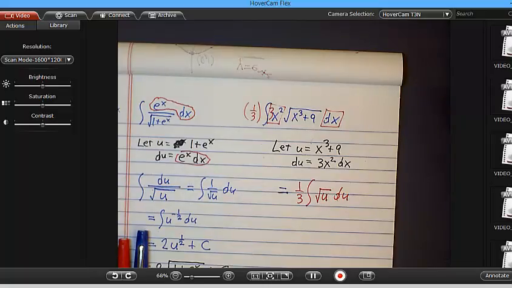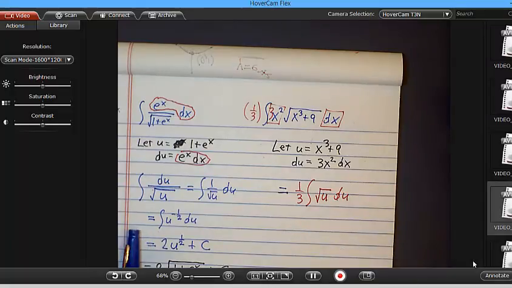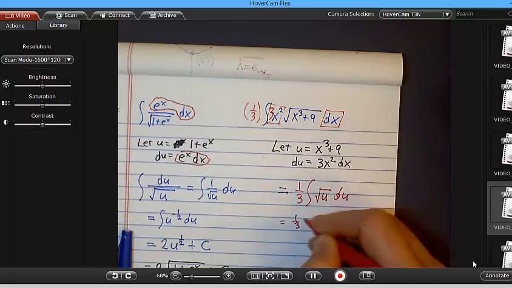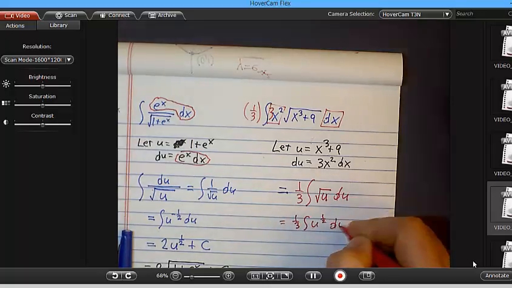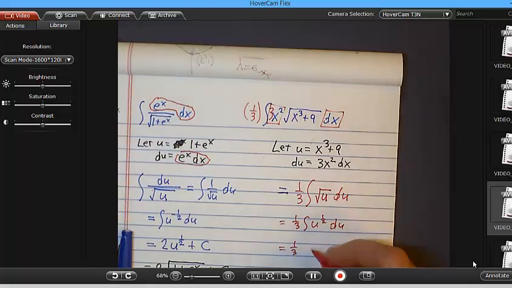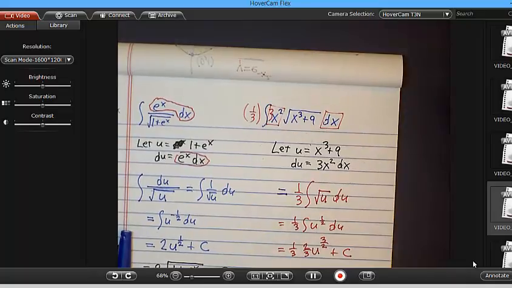All right, try to finish up this problem, and then I'll kind of see where we go next. All right, let me help finish up. We have 1/3 integral u to the 1/2 du. I'll catch up to you guys quickly. 1/3. Now this becomes u to the 3/2 power, so you put a 2/3 out front, plus c.